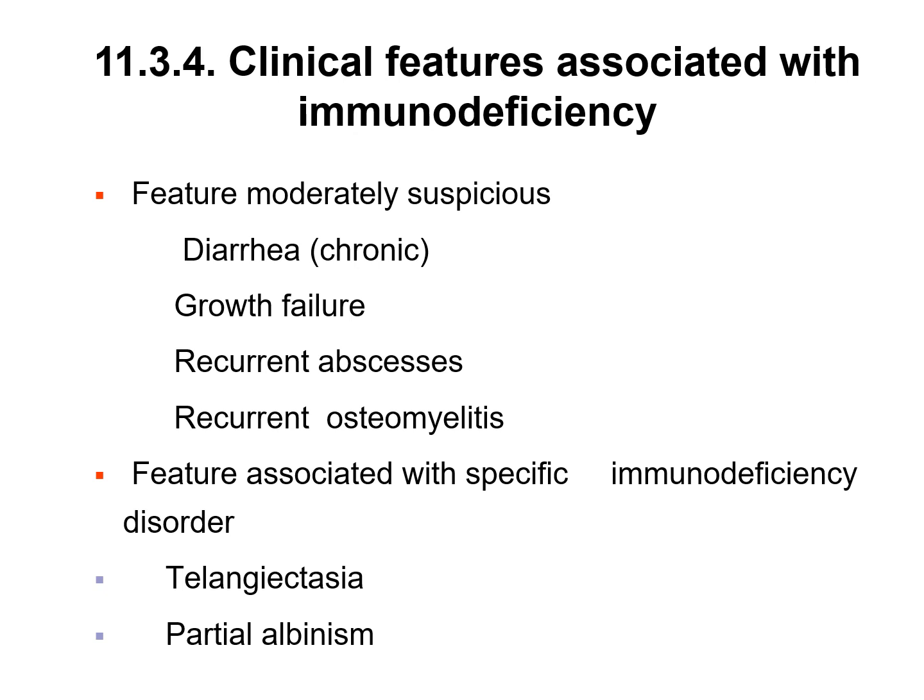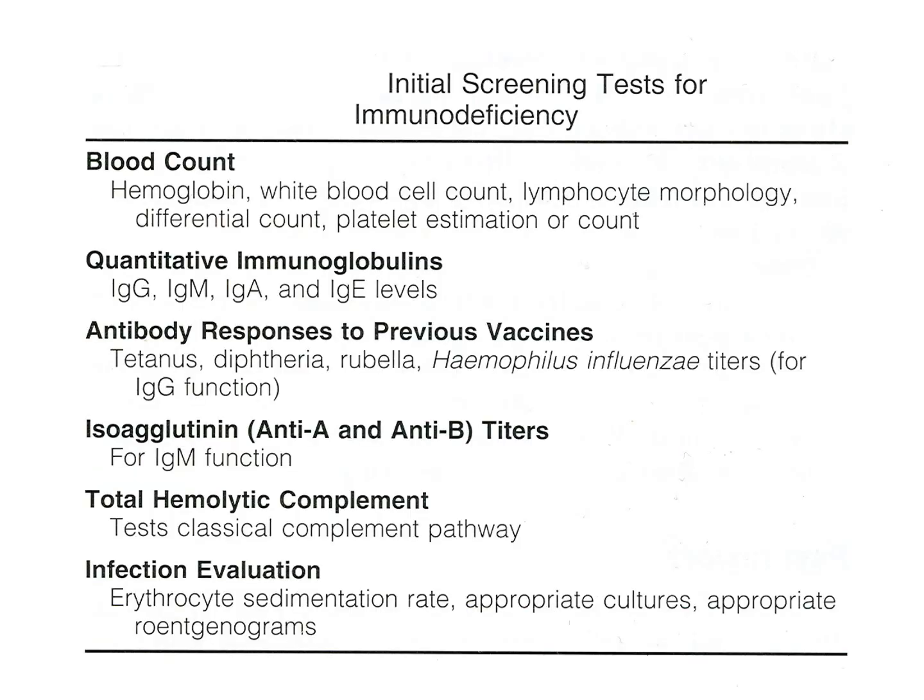Clinical features moderately suspicious are chronic diarrhea, growth failure, recurrent abscesses, so this is infection, and osteomyelitis. And then features associated with specific immunodeficiency disorder, telangiectasia, and partial albinism.